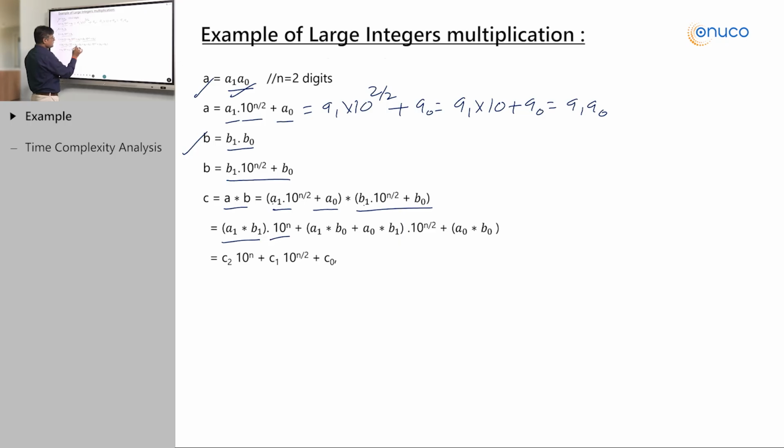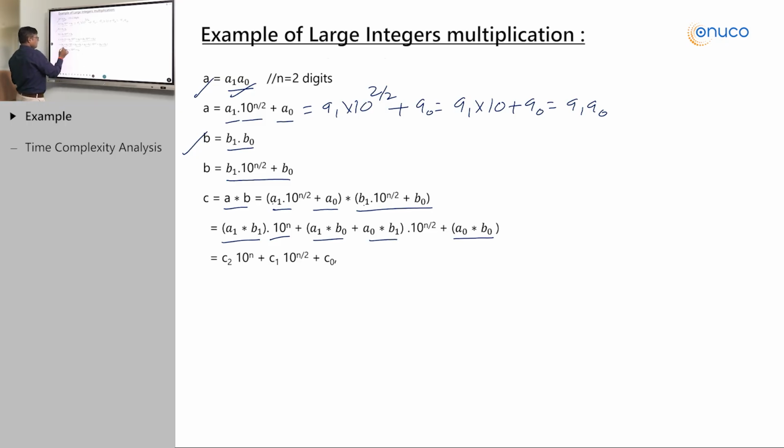Similarly, the cross multiplications: A1 B0 plus A0 B1. What is the power term here? Into 10 to the power n by 2, just half of 10 to the power n. Plus A0 B0.